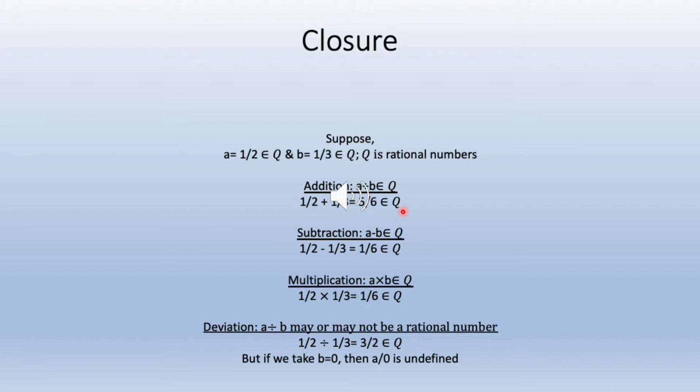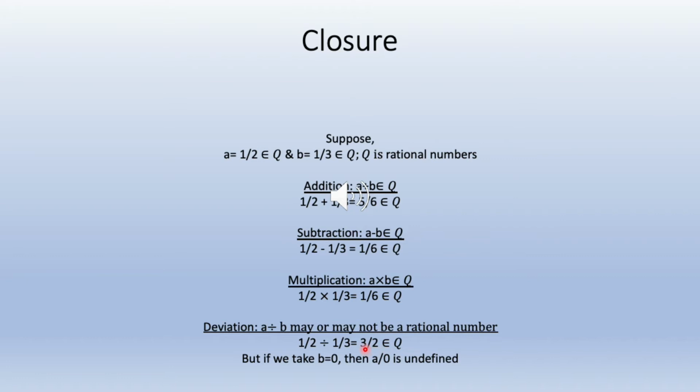When we subtract these two numbers, 1 by 2 minus 1 by 3, it gives us 1 by 6, which is also a rational number. For multiplication, 1 by 2 into 1 by 3, again it gives us 1 by 6. So rational numbers are closed under addition, subtraction and multiplication.